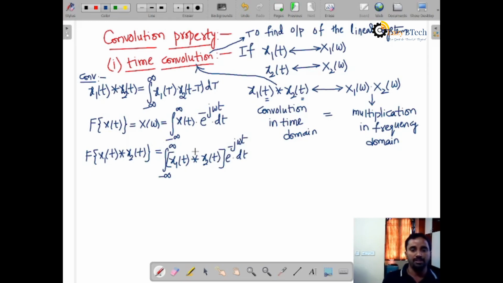That's all. We already know the convolution meaning, so we take it and substitute.